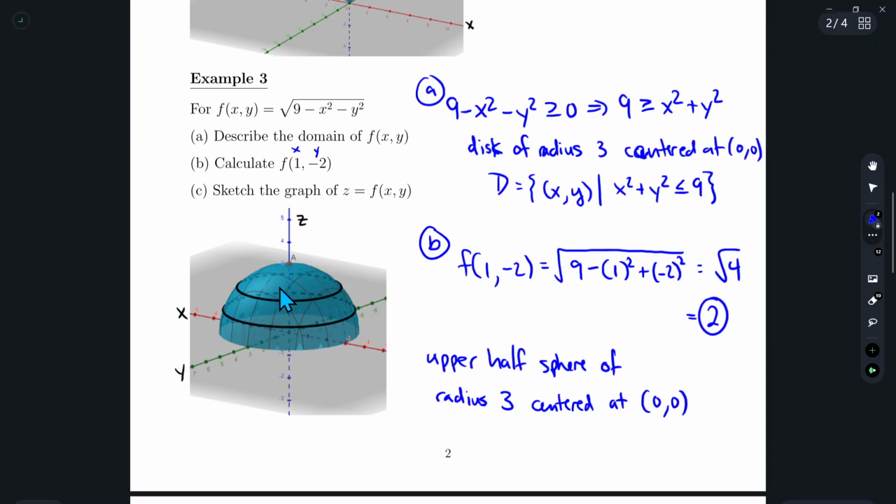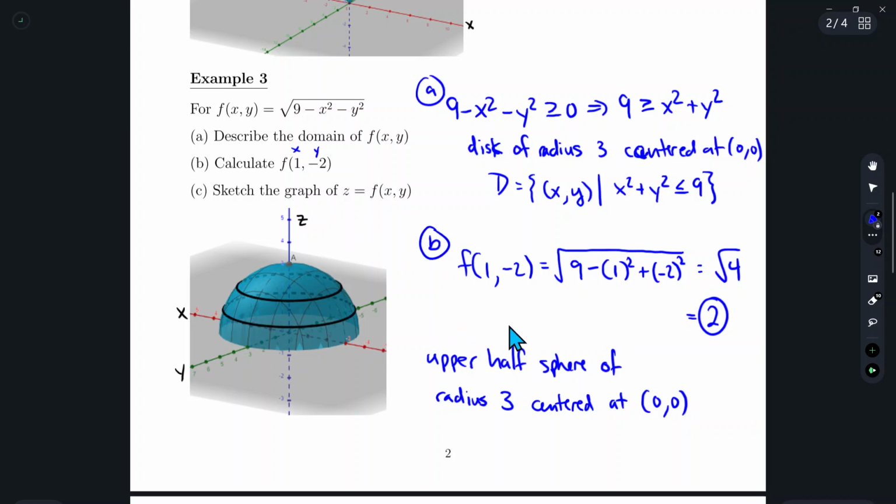So this is what the graph is. If you look carefully at the diagram, the positive x-axis is here, the positive y-axis is here, the positive z-axis is here. So again, this diagram is slightly rotated from the usual orientation.